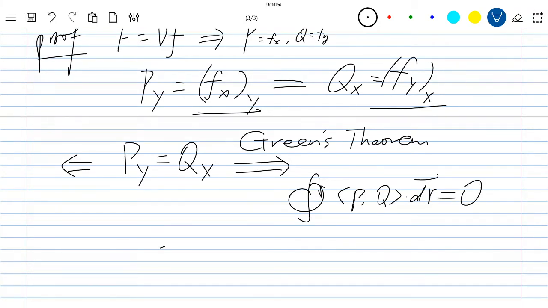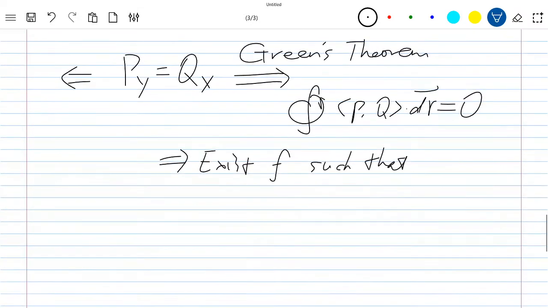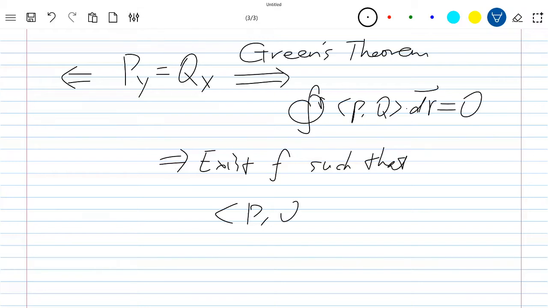And then, according to what we just discussed earlier, it means there exists f such that (P, Q) equals (f_x, f_y).